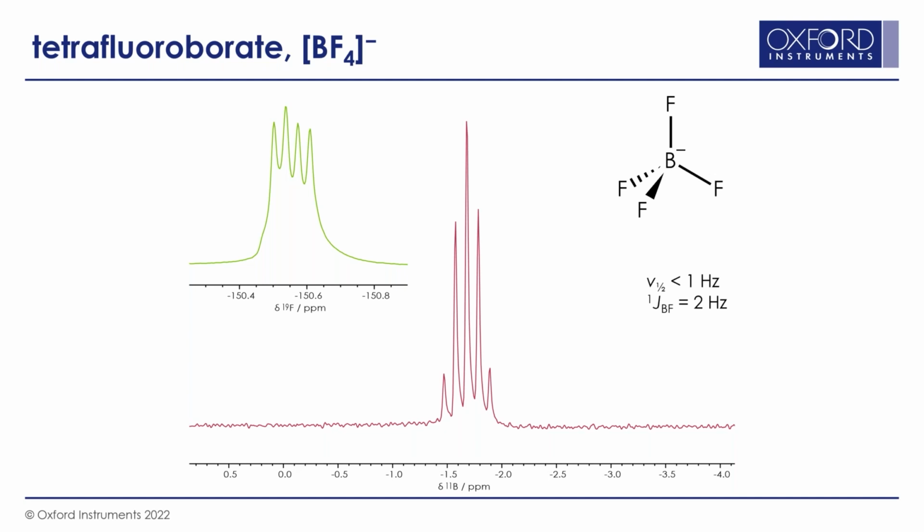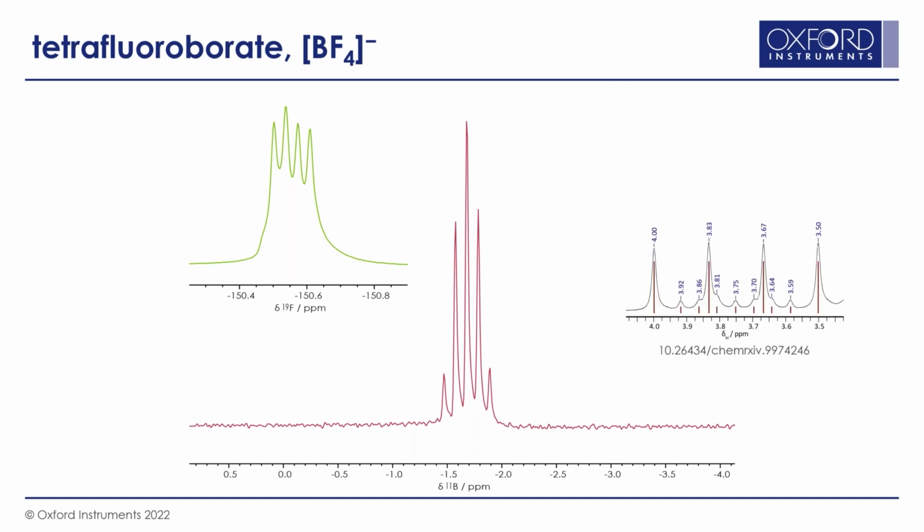In that case, you'd observe a septet comprising 7 peaks of equal intensities at approximately the same chemical shift, but with different and generally smaller J coupling constants. Since these peaks would overlap with the more intense peaks arising from coupling to boron 11, they're often not observed, though can be seen in this proton NMR spectrum of a borohydride compound measured on a high-field instrument.